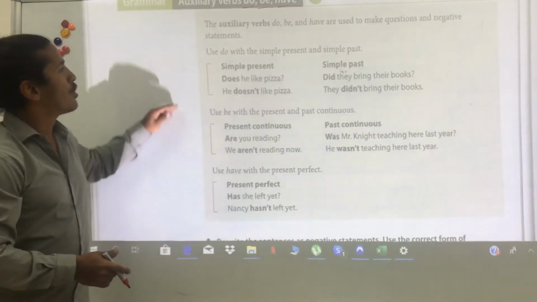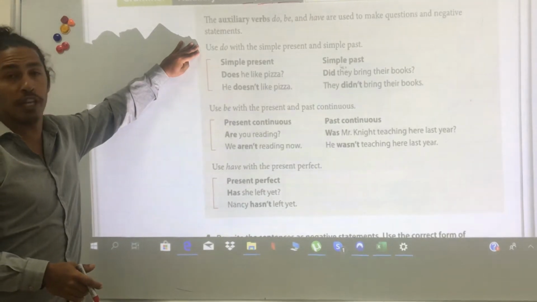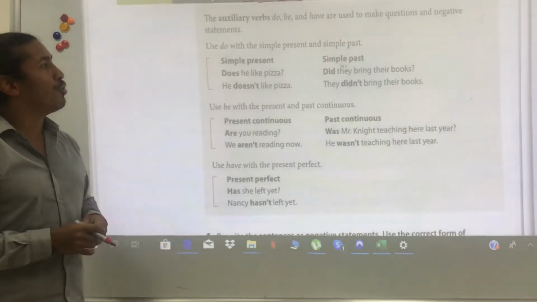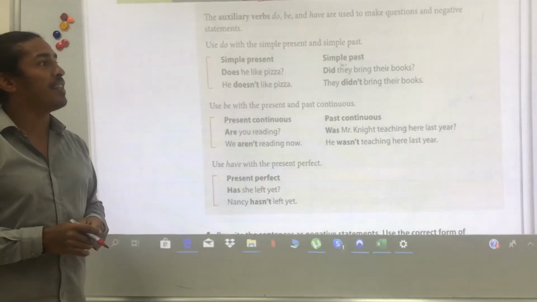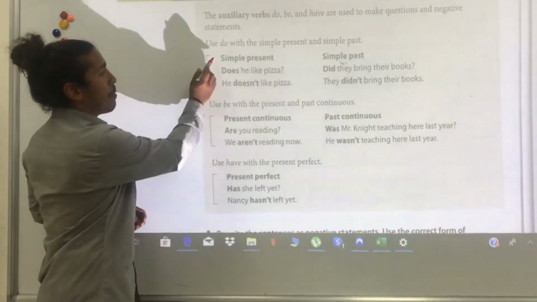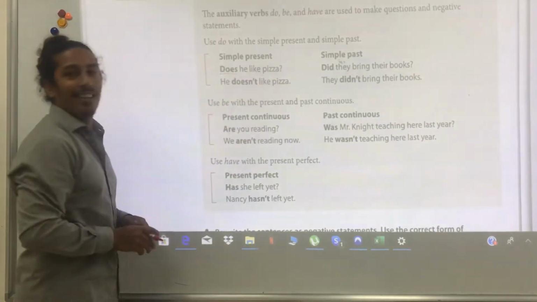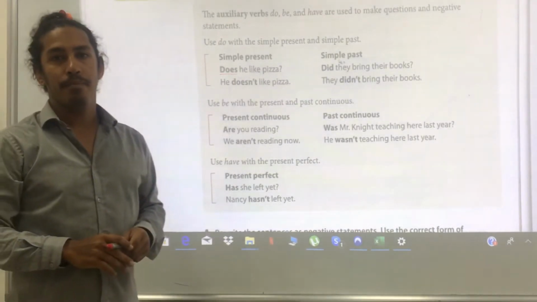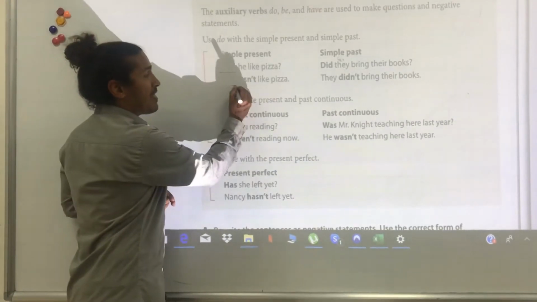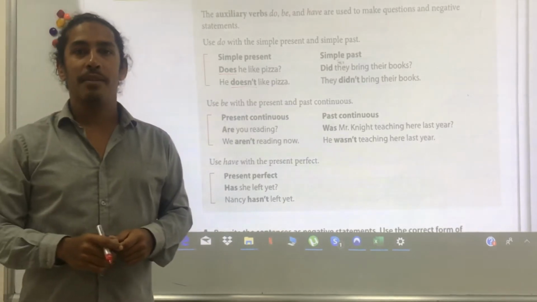Okay? So let's look at the simple present, the first one here with the auxiliary verb do. We use do with the simple present and simple past. The simple present example that they give us, does he like pizza? And for the negative statement, he doesn't like pizza.